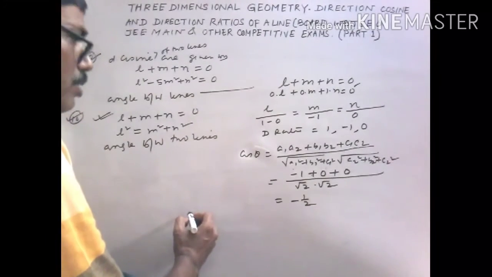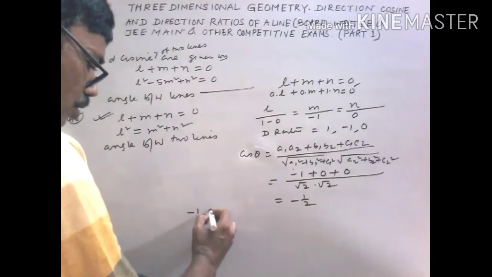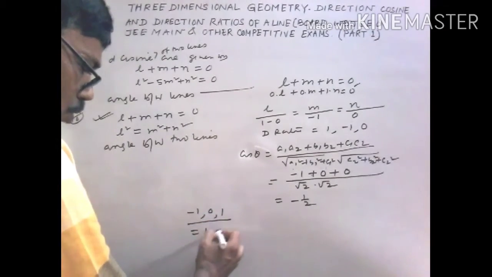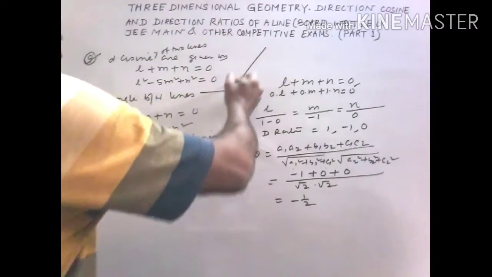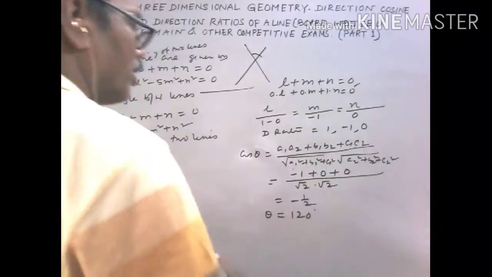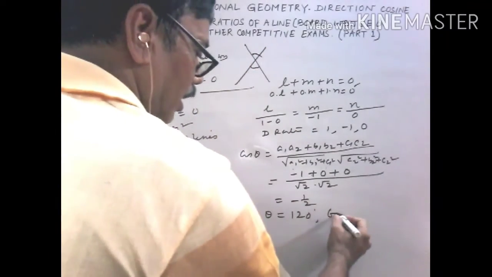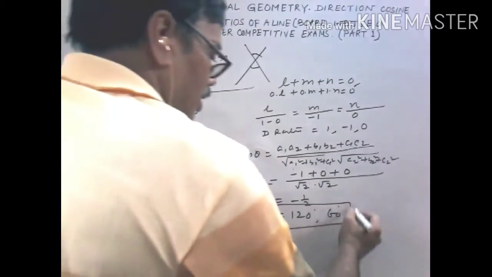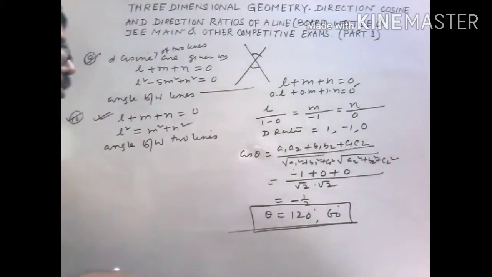Now if we take the direction ratio of the first one as 1, 0, minus 1 instead, then this one is half. So the angle between the two lines: here we are getting theta equals 120. If it is 120, another angle must be 60. So theta equals 60 or 120.